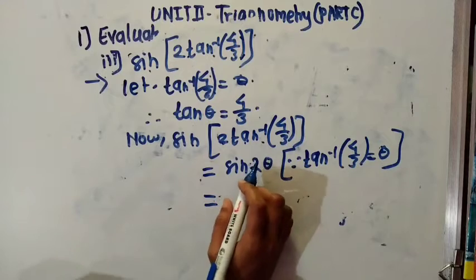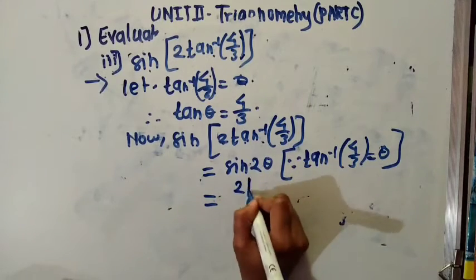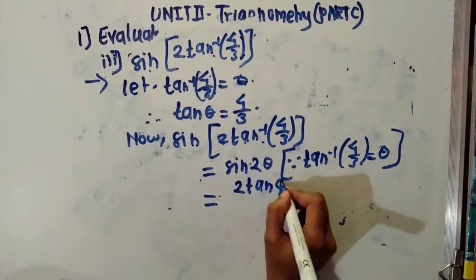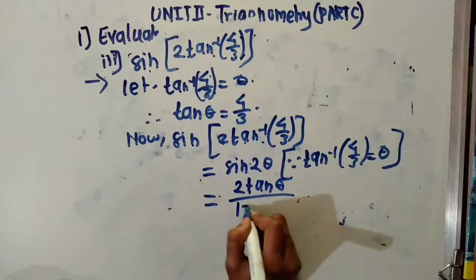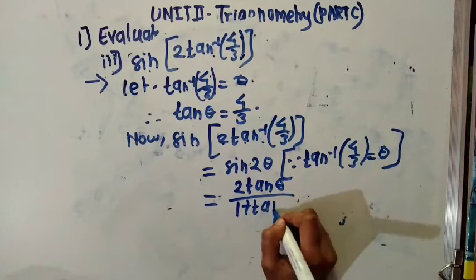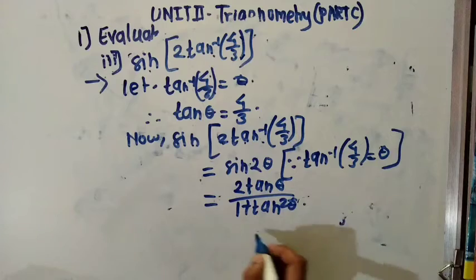But sin 2 theta is equal to 2 tan theta upon 1 plus tan square theta.